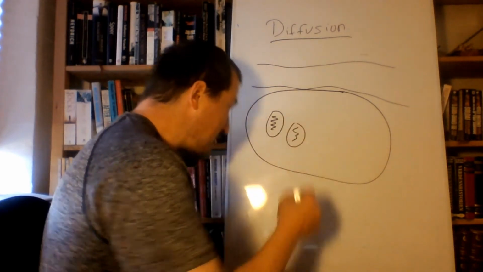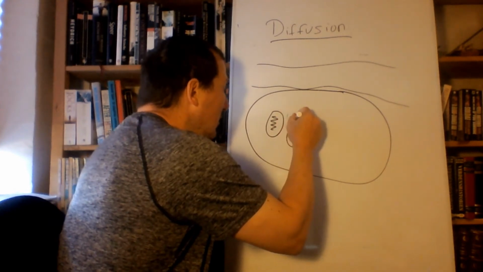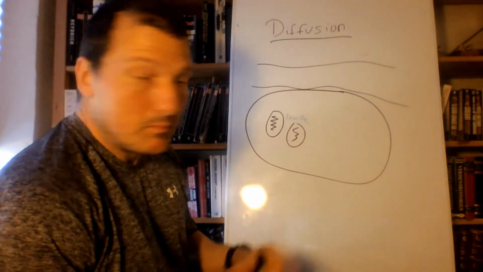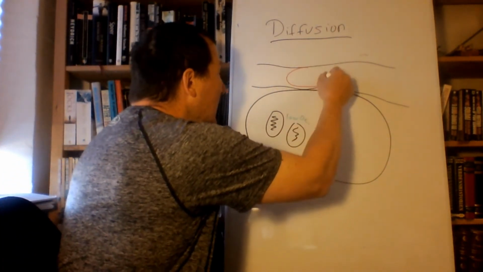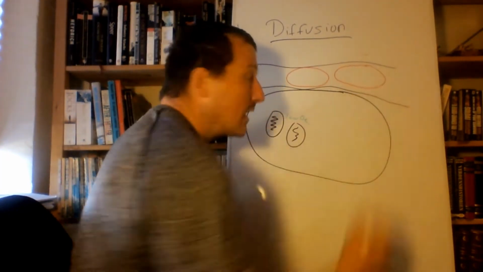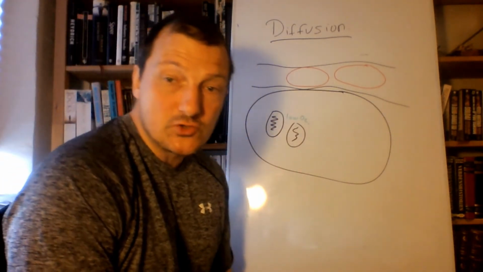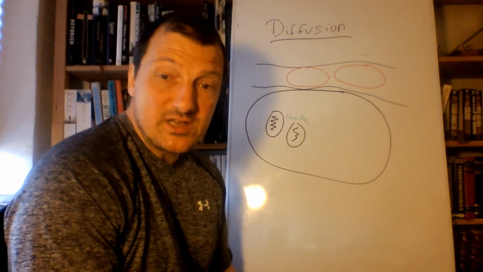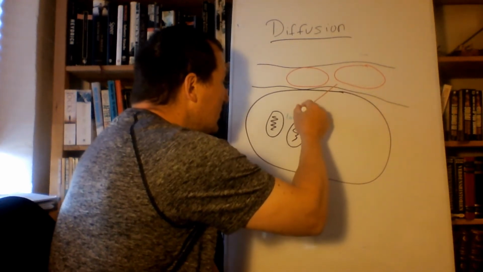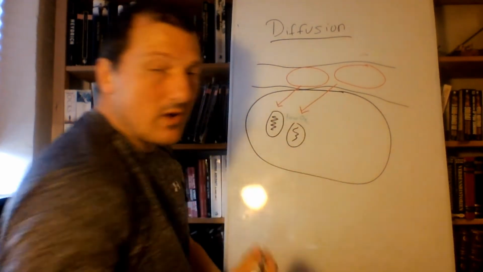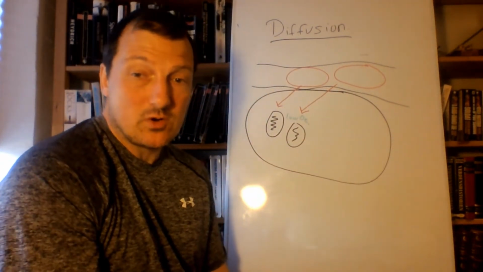So here we will have a low oxygen concentration because they are using the oxygen. Out here, I'll have my red blood cells running by, and here will be a very high concentration of oxygen. So what we'll see is that there'll be a net movement by diffusion of oxygen from the high concentration, the red blood cells, and into the cells, into mitochondria, into low concentration.